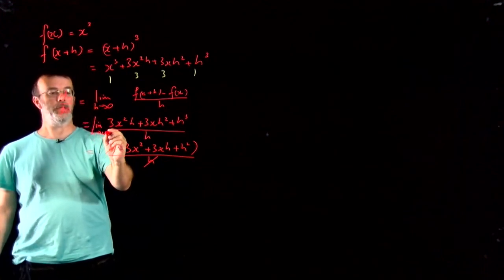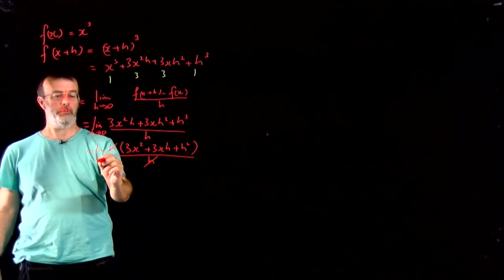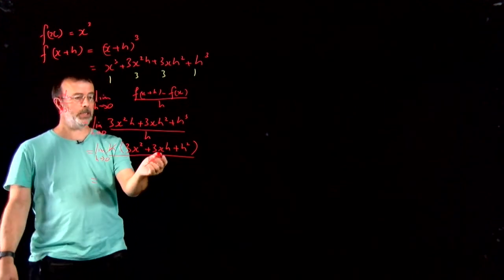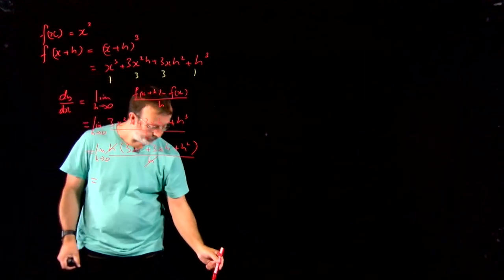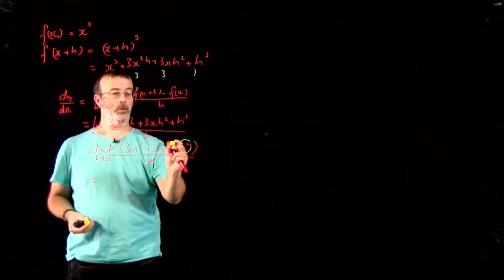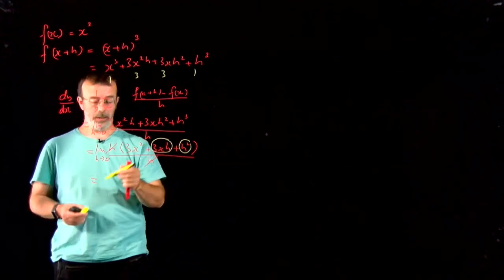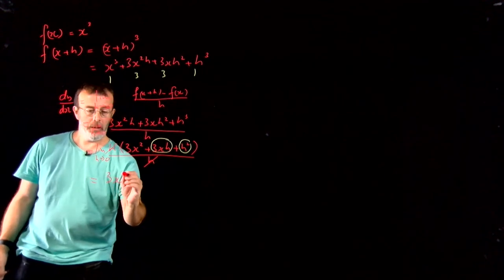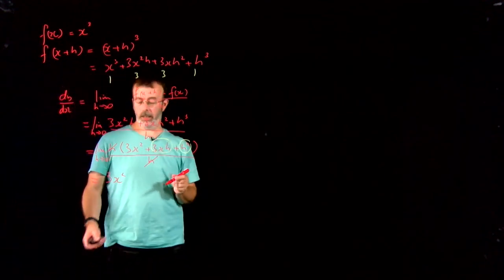Don't forget to put the limit in. It's very, very important. And then if we do let h tend to naught, this term will go to naught, this term will go to naught, and we're left with our 3x squared. Okay, so that's the recap bit.